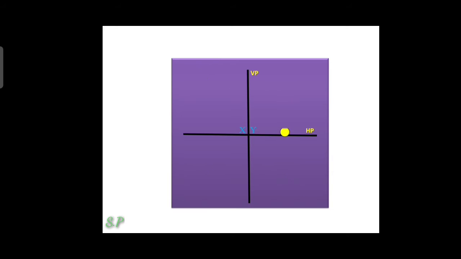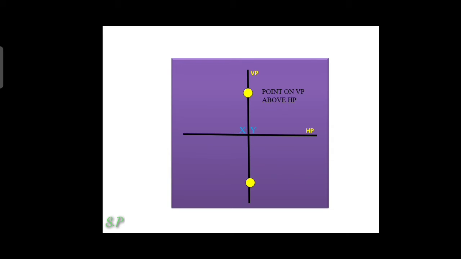Next I am locating a point here. This point you can identify as a point on HP and in front of VP. Another point here on the second quadrant side is a point on HP and behind VP. Here is a point on VP and above HP.